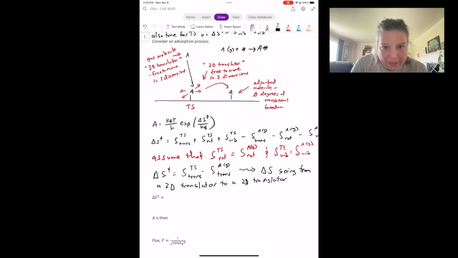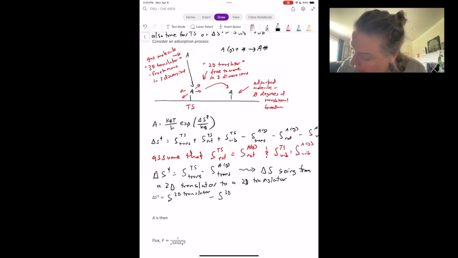So we can just write that: 2D translator minus 3D translator. And these are free particles. So basically, if I know how to quantify the entropy of 2D and 3D translators, I can quantify that.